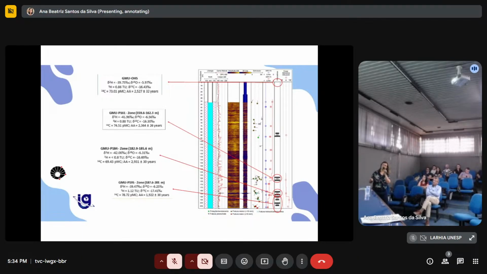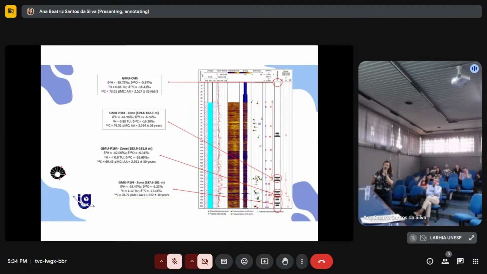And what you can see here already is that the open borehole sample has an average age of 2,500 years. And the various fracture zones here deliver water with different ages. Some of them are older than 2,500, and there's one here at the bottom that is younger than 2,500.